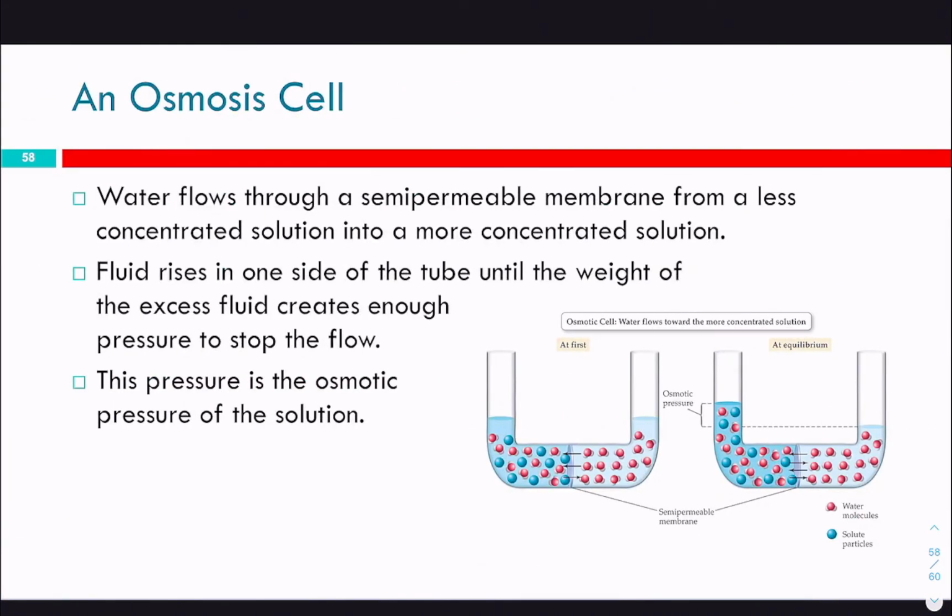This one I think is actually pretty cool, where if you have a semi-permeable membrane, the water will flow from the less concentrated solution to the more concentrated solution, even to the point where it raises the level of that solution. So you could potentially lift water higher using this, or you could pump water using a difference in concentration.